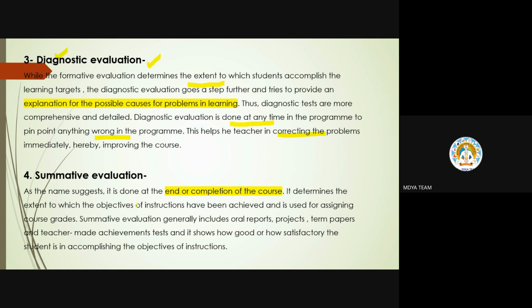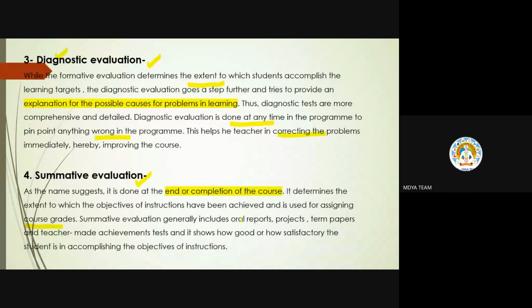Now, summative evaluation, as the name suggests, is done at the end or completion of the course. It determines the extent to which the objectives of instruction have been achieved, and it is used for assigning course grades. The grades are given on the basis of summative evaluation.